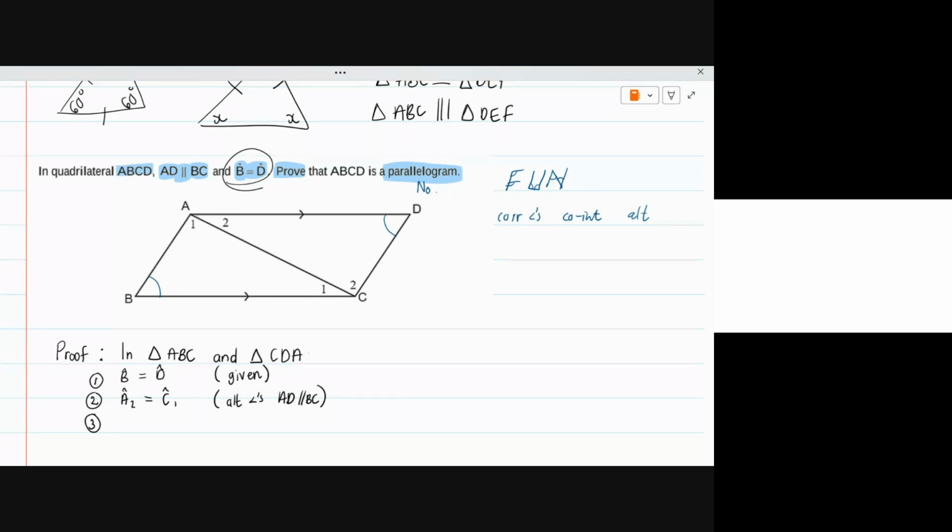So first we need to prove that it's a parallelogram, and then we can say that. But this one doesn't count. We can't say that BC is equal to AD. They didn't give us that information. So no, we can't make that assumption. But Abu is indeed correct. AC is what?